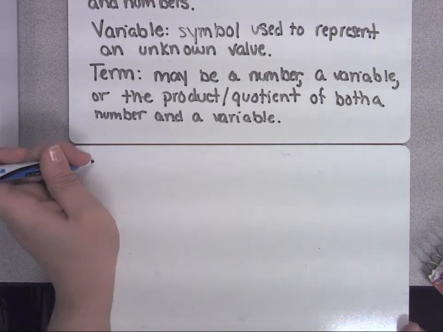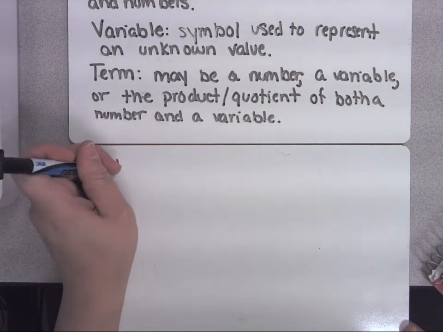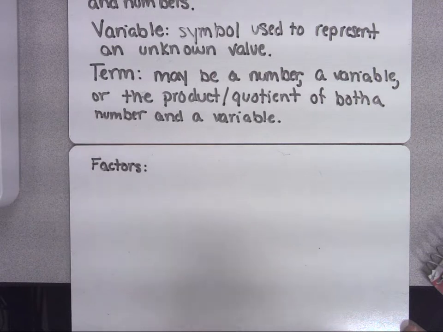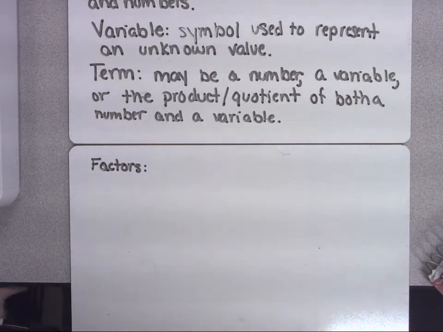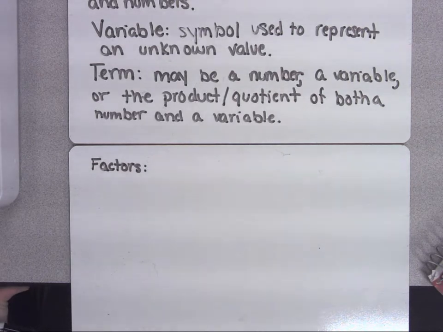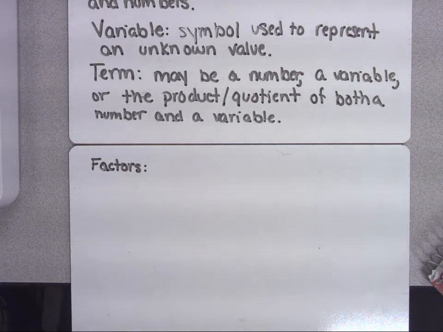The next word is factors. Do we know what factors is? Anyone know what a factor is? If I say, what's the factors of 12? What am I asking you? Close.